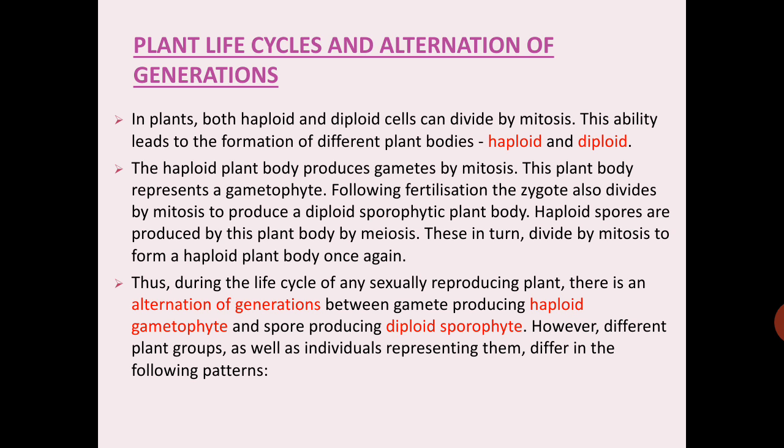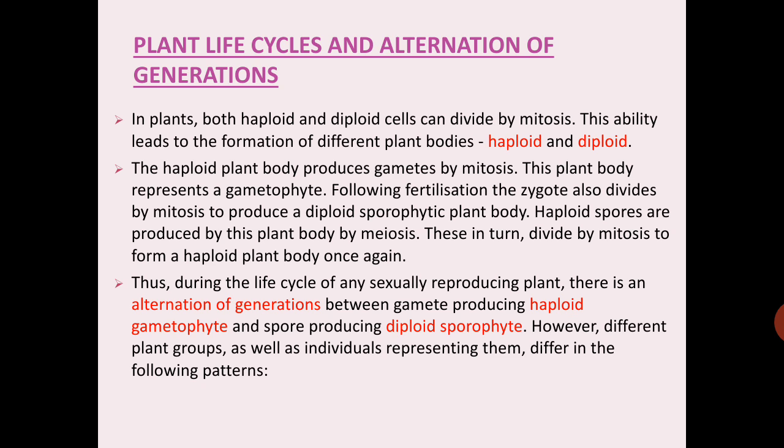This ability leads to the formation of different plant bodies, haploid and diploid. The haploid plant body produces gametes by equational division, that is mitosis. This plant body represents a gametophyte.